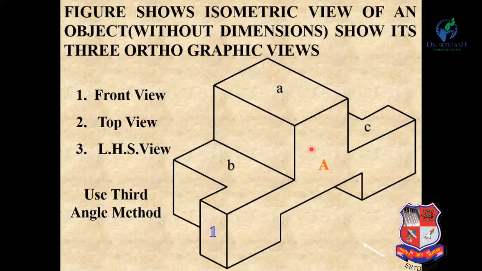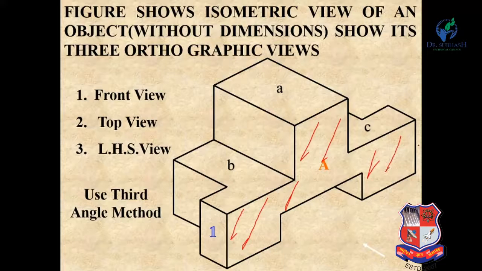Now we have to draw its front view, top view and left hand side view. In the front view you can see this portion A, it will show the front view. And this green color portion will show its top view.